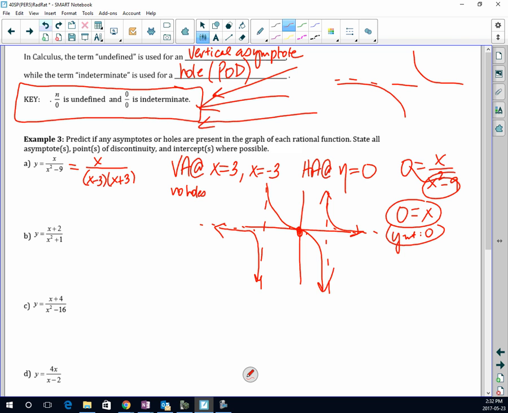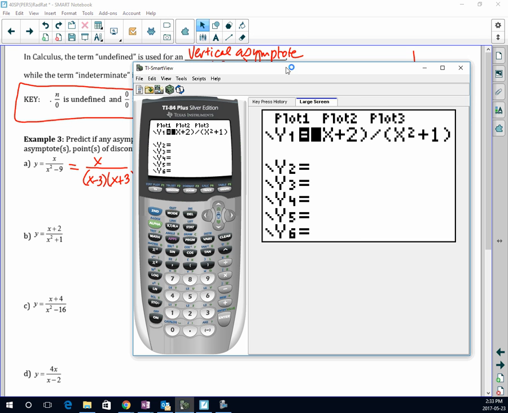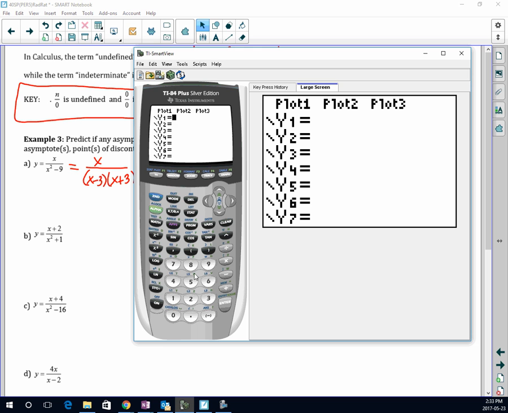Okay, just for fun, I want you to pull out your graphing calculator and punch this in so we can do a comparison. This would be something you need to actually be able to graph without a graphing calculator, of course. So this is x divided by bracket x squared, subtract 9.